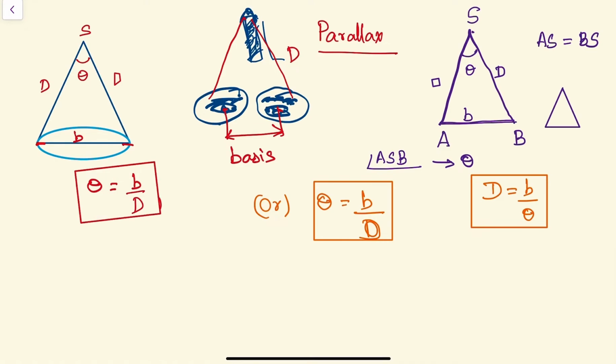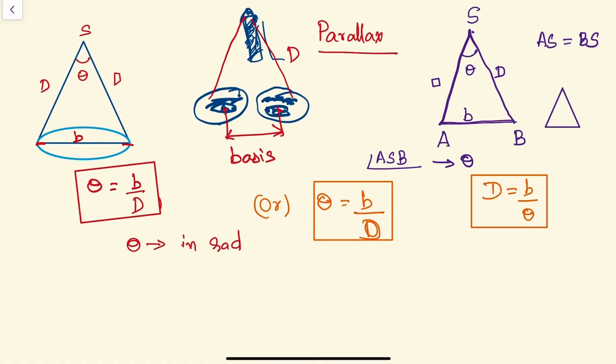But remember, when you are finding this, theta must be taken in radians. We will see how to convert radians to degrees and degrees to minutes, minutes to seconds. But we call them here arc minutes and arc seconds.